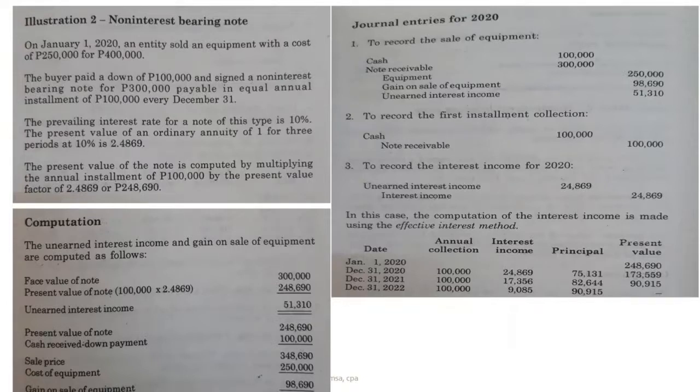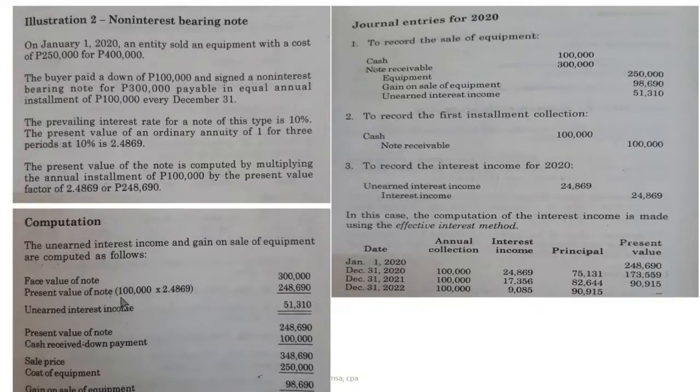Ato naman to siyang gi-compute, di ba? Ang third period present value factor of 1 is 0.7513. Mao nay i-multiply sa 300,000 kung dili installment. But since installment siya, ang gamiton 2.4869.